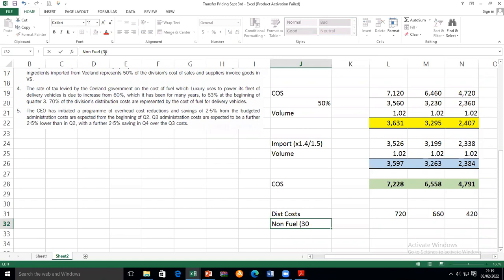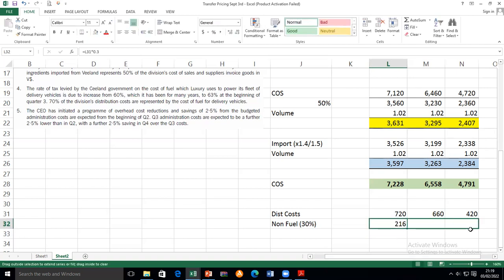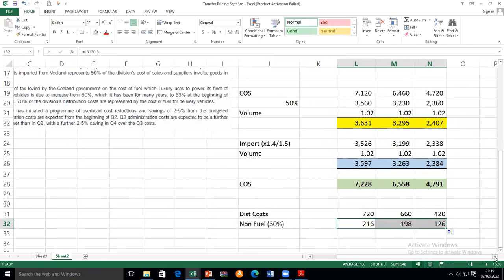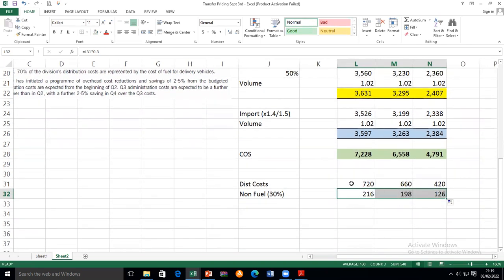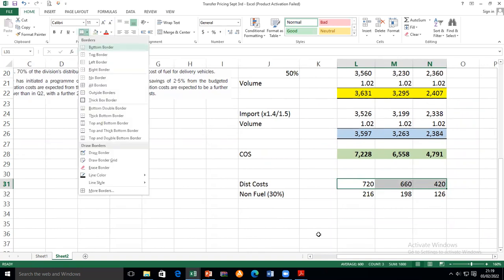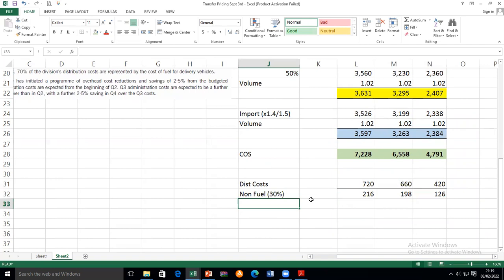You deal with the 30%. So deal with that one first. Ask yourself, where is my 30%? This component, there's no levy on this amount. So it's going to increase because of what? Because of the volume. The distribution costs move with volume. So that is your 1.02.